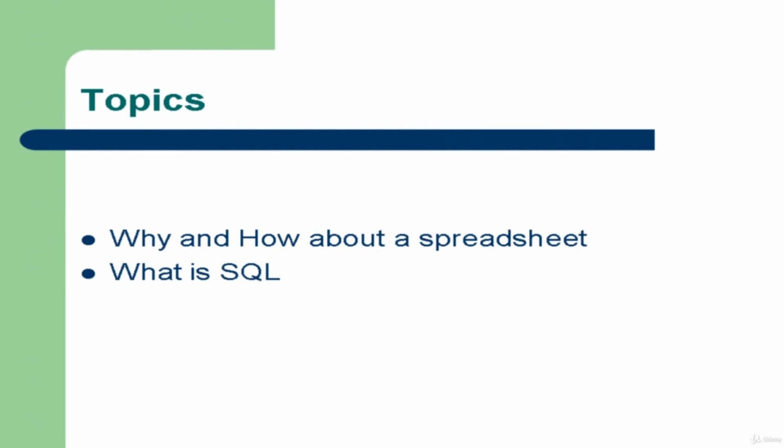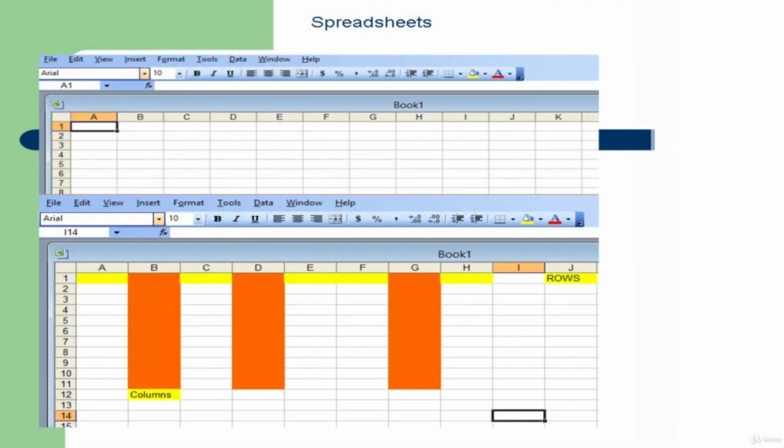In today's session, we'll learn what SQL is and why and how we can use it with a spreadsheet. Before we know what SQL is, let us understand how we used to use spreadsheets. Excel is a spreadsheet which has rows and columns.